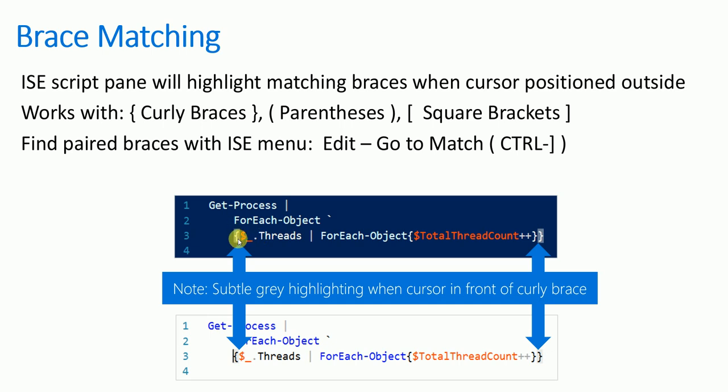The starting curly brace will end with the ending curly brace only, and that will complete your code. If you have missed out something, PowerShell will give you the error. It is highlighted gray when the cursor is in front of the curly brace. If you move your cursor from one curly brace, it will tell you where it ends. So it will indicate where the curly brace ended, and based on that you will get the output.